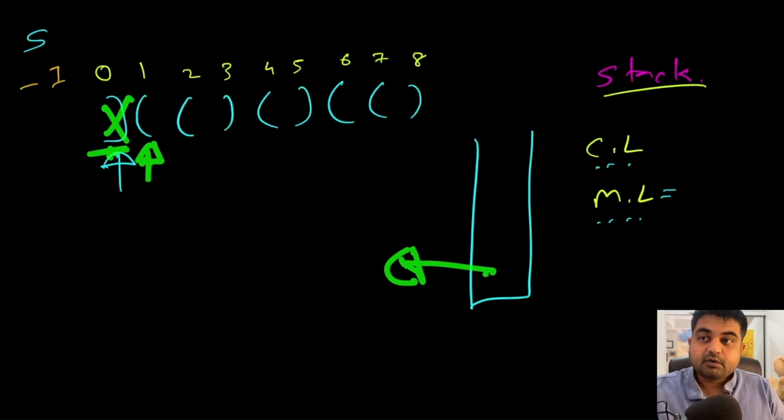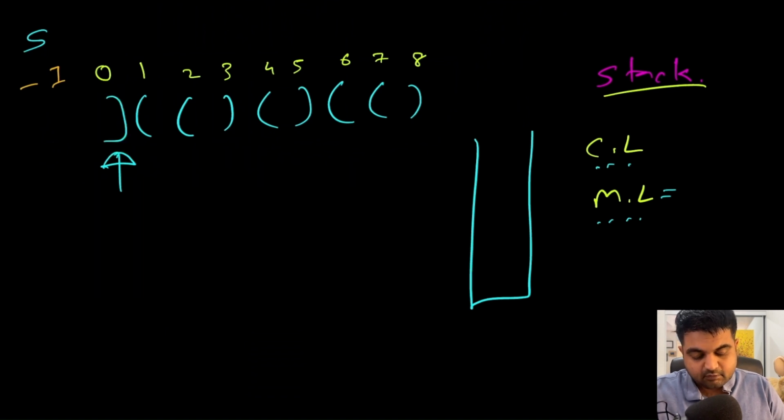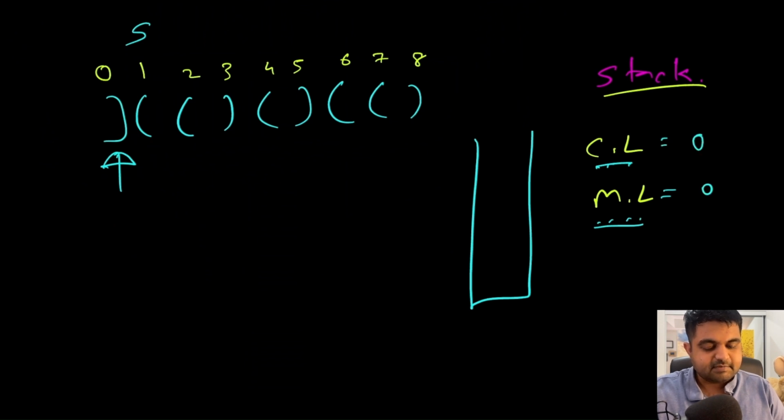But when we move on to the next element, we can say for sure that this is never going to be part of the valid substring. So we will need to update our start pointer. Now we will have our start variable located at position number 1. So let's mark our start variable at position number 1. Current length is 0 and maximum length is also 0. We haven't been able to find any values. Okay, so let's mark these.